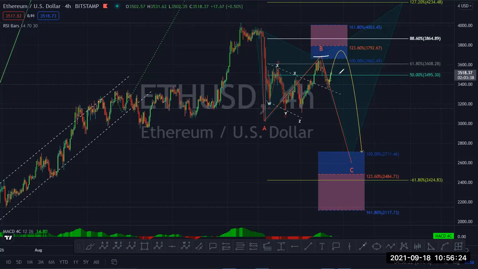Then on the second look, we might have a deeper B level, which means this very move can come deeper and come to this level and turn back.